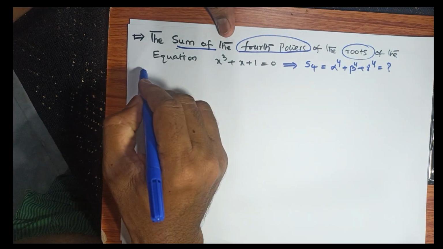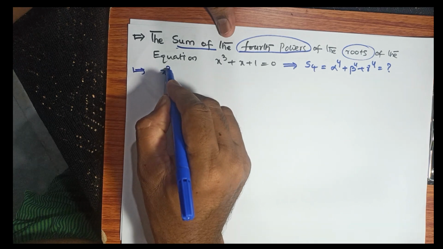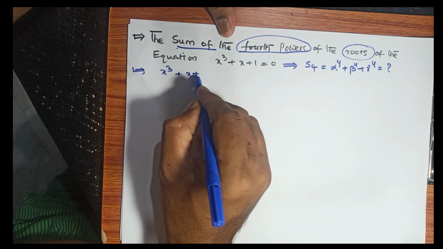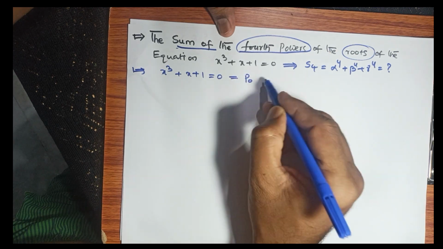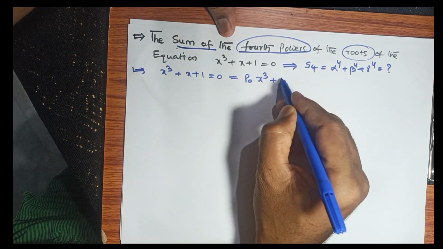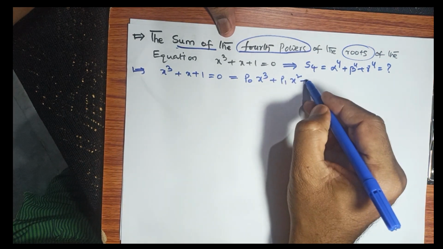Now, this is the given equation x cube plus x plus 1 is equal to 0. Compare with P0 x cube plus P1 x square plus P2 x plus P3. The x square term is not here.